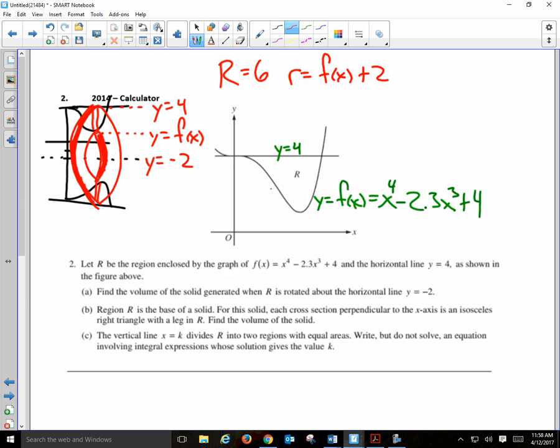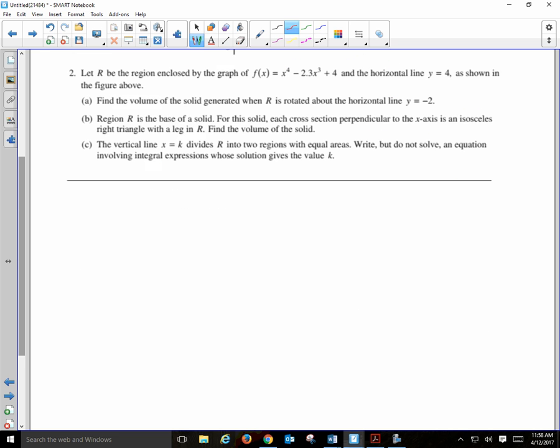So if I want to find the volume of one of them, I've got pi times big R squared minus little r squared dx.